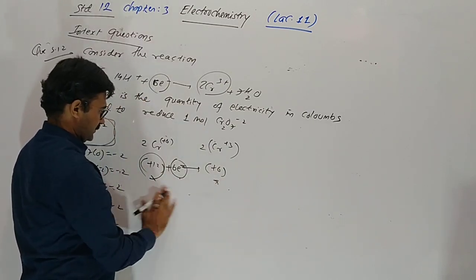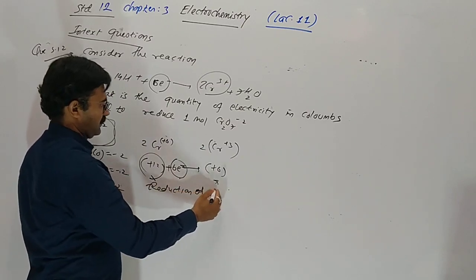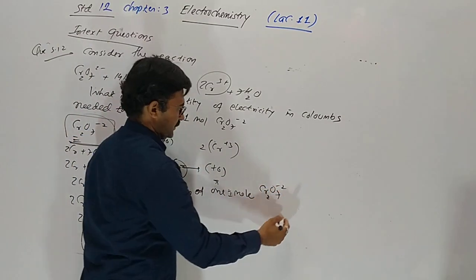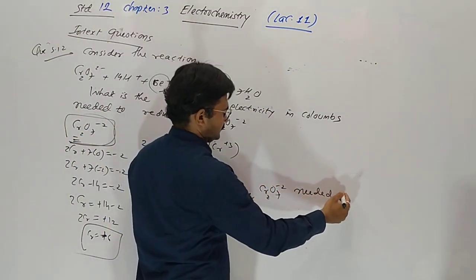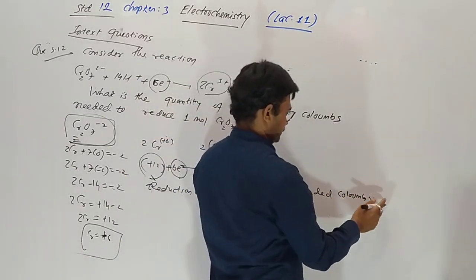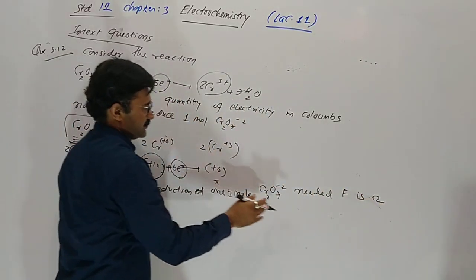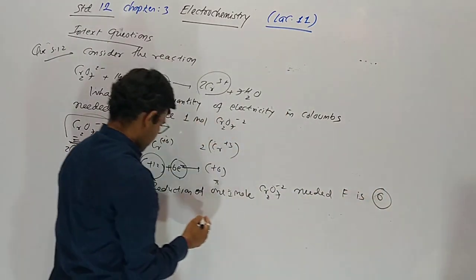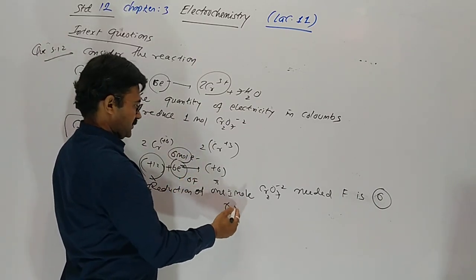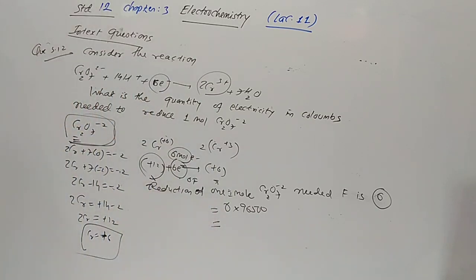For the reduction of 1 mole Cr2O7 2-, the Coulomb needed is: Faraday is 2. 6 mole electron means 6 Faraday. So 6 into 96500, which is our answer.